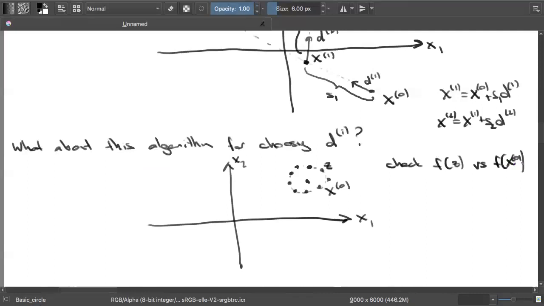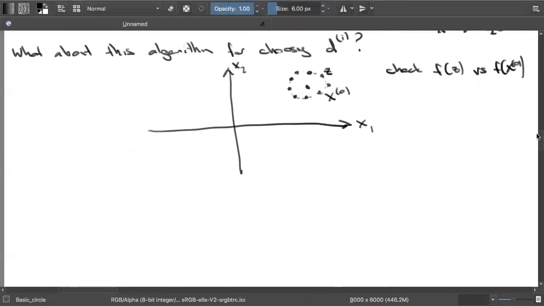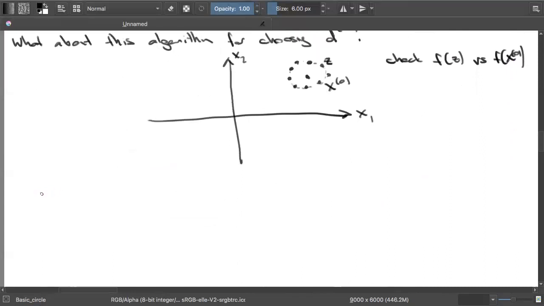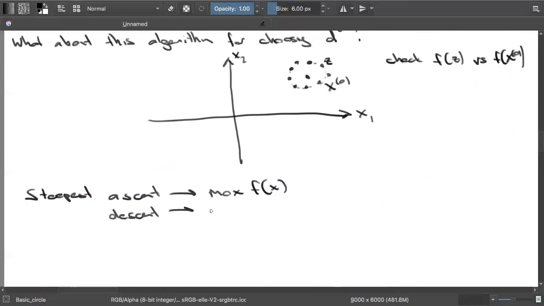Okay. So one choice, as was mentioned, is this. This is called steepest ascent if you're trying to maximize f of x, and otherwise it's called descent if you're trying to minimize f of x. I'm going to stick with maximization for now.